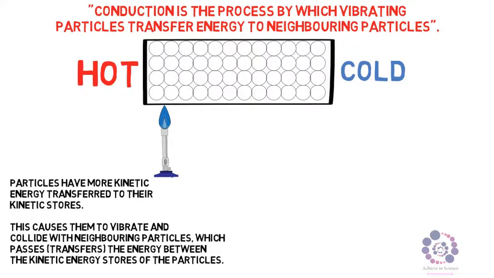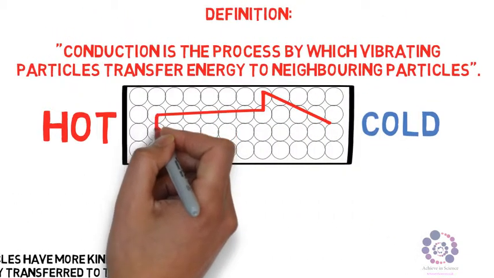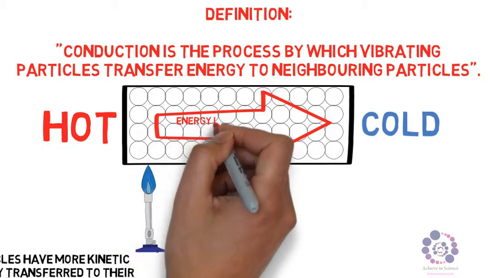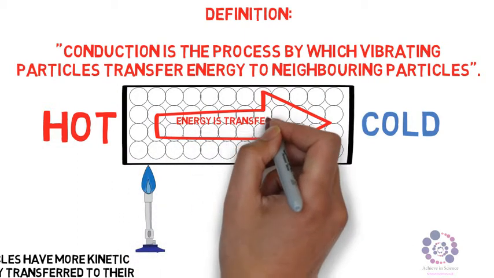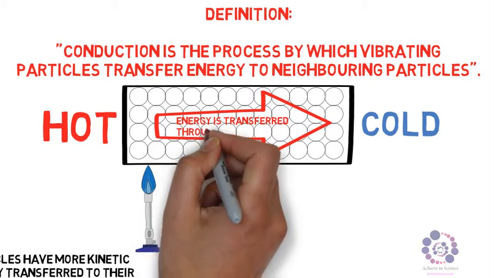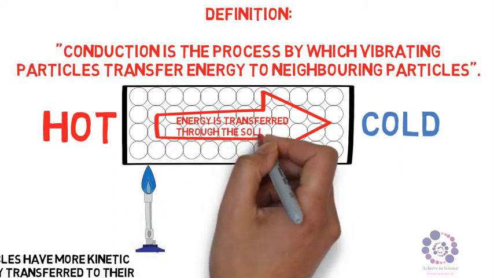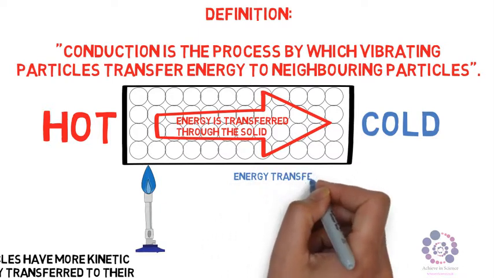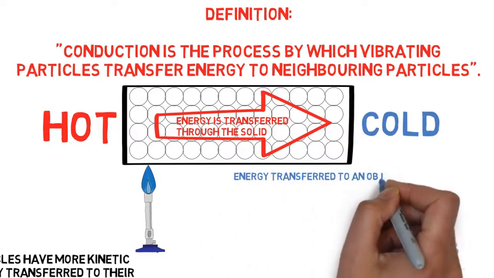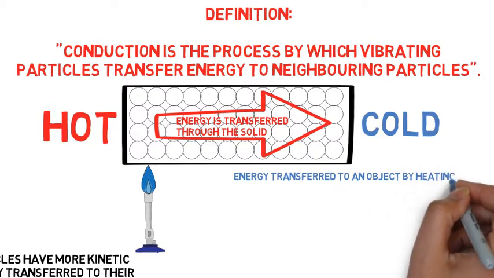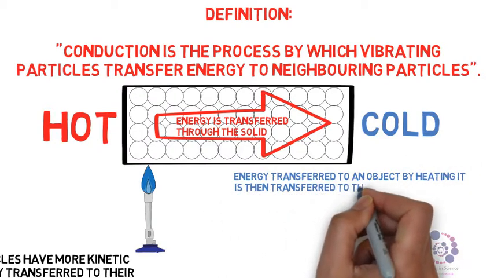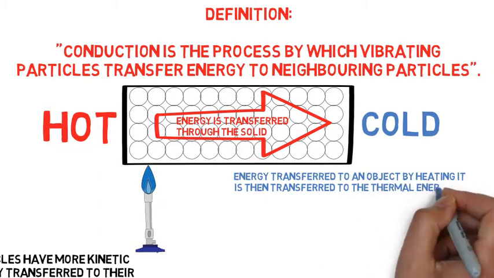We say the energy is transferred through the solid. So, energy transferred to an object by heating it is then transferred to the thermal energy of the object. The energy is then shared between the kinetic stores of the particles within the object.